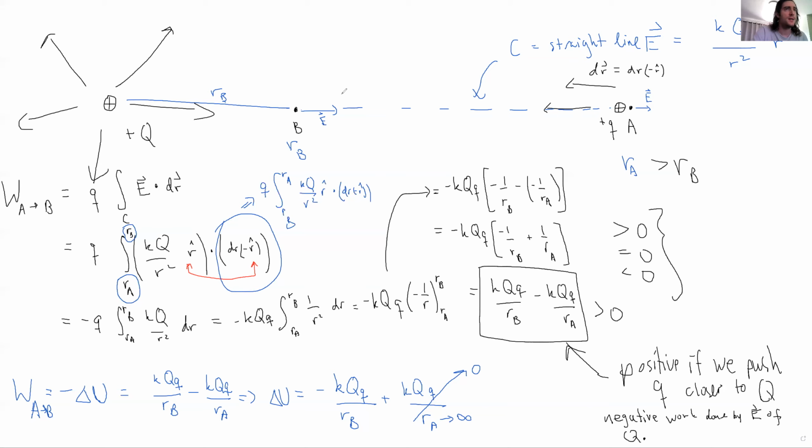Because I should be able to get the same answer if I measure dr this way. And if I measure dr this way, then my integral would be from, wait, maybe this isn't where I made the mistake, actually. Hold on, let me think about this for a second.